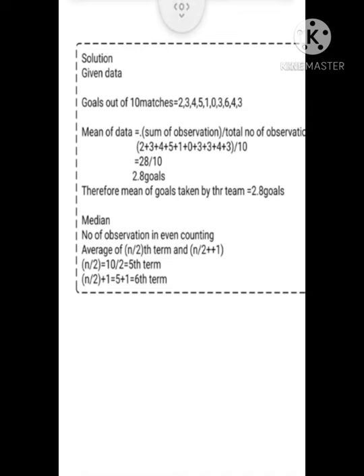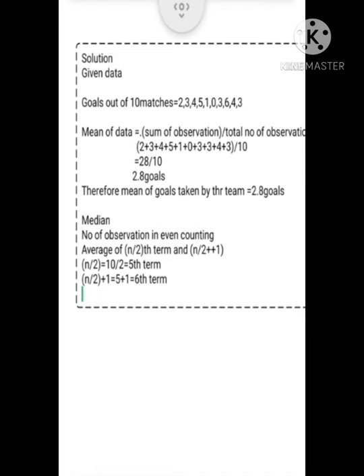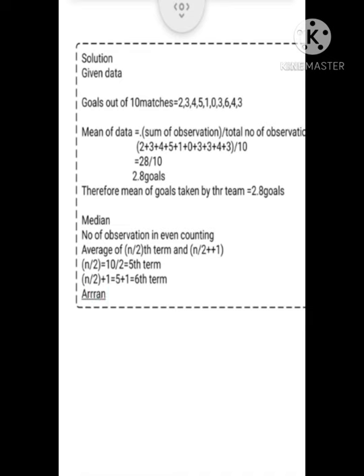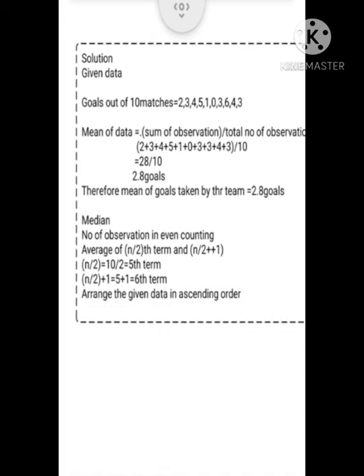Before that, what do we need to do? You need to arrange the given data in ascending order, from lowest to highest. First take 0, then 1, only one time, and 2.